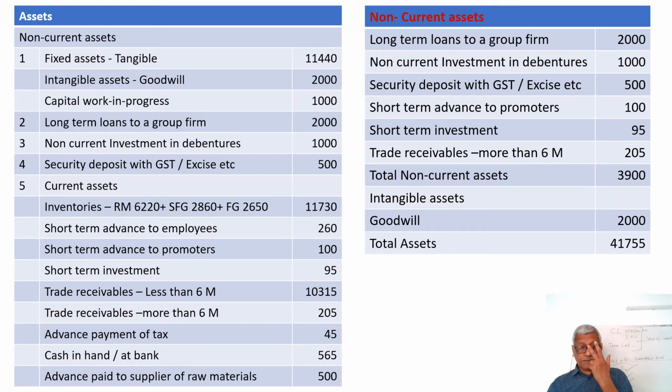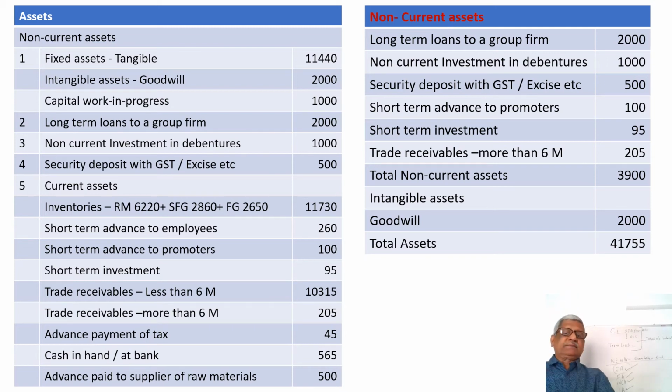non-current assets. If you look at the non-current asset, already you have long-term loans to a group firm, non-current investment, security deposit. These three cannot be converted into cash. So naturally, they are coming under non-current assets. Then the short-term advance to promoters, because it is not related to the working capital cycle, we have removed it here.